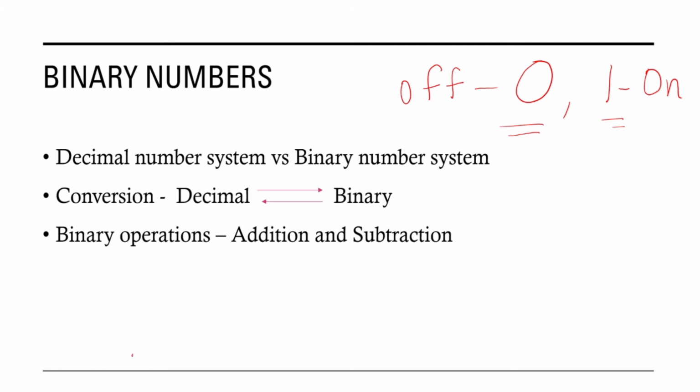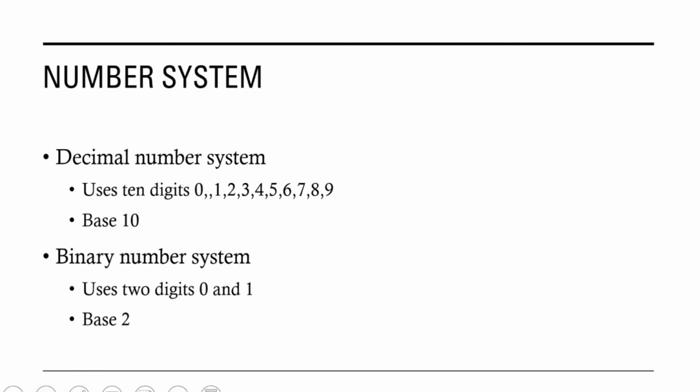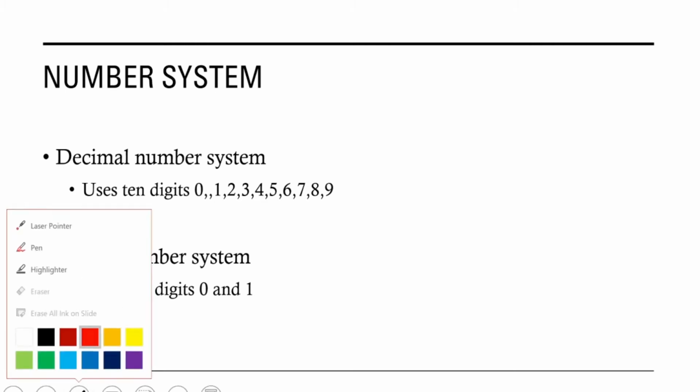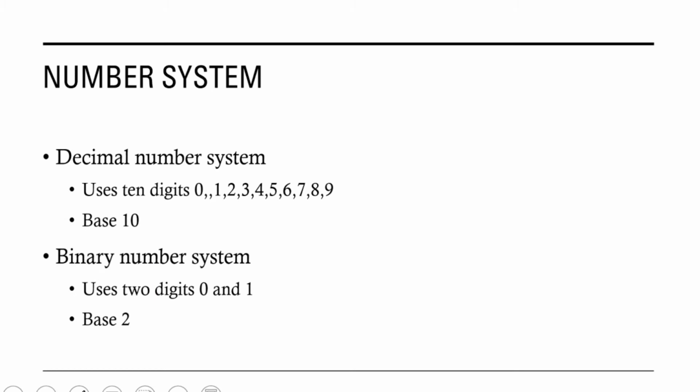The first topic I am going to discuss is decimal number system versus binary number system. As I already told you, the decimal number system uses all the 10 digits: 0, 1, 2, 3, 4, 5, 6, 7, 8 and 9.